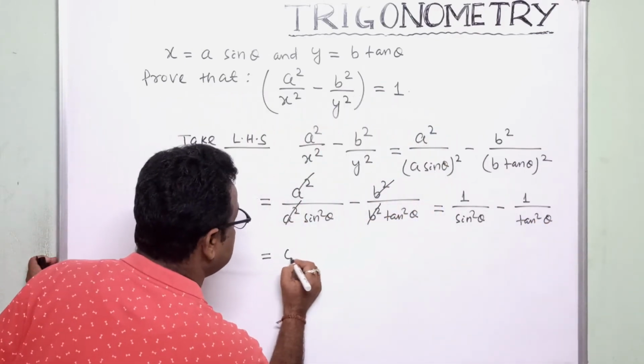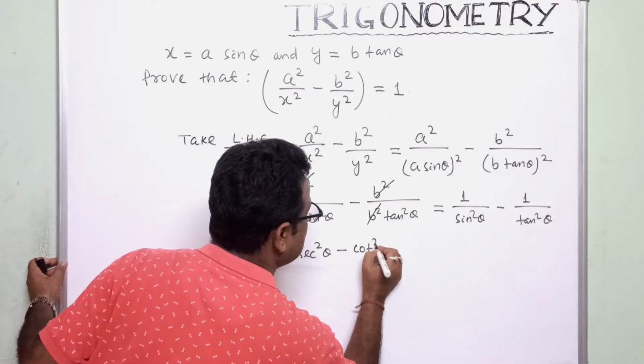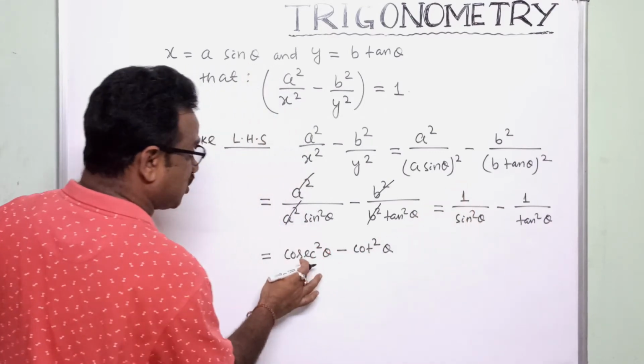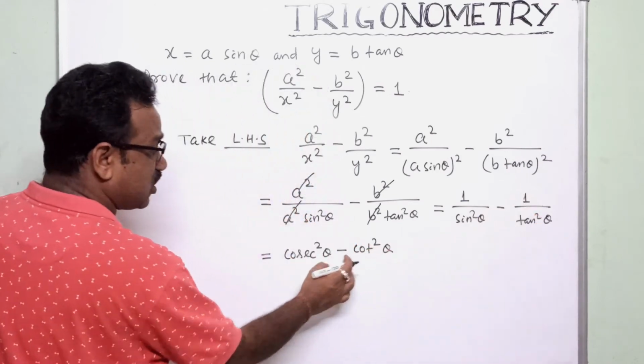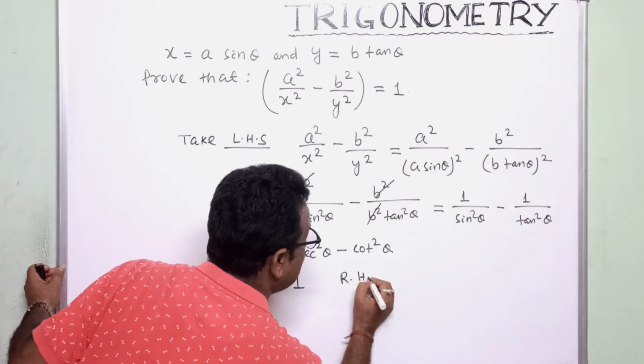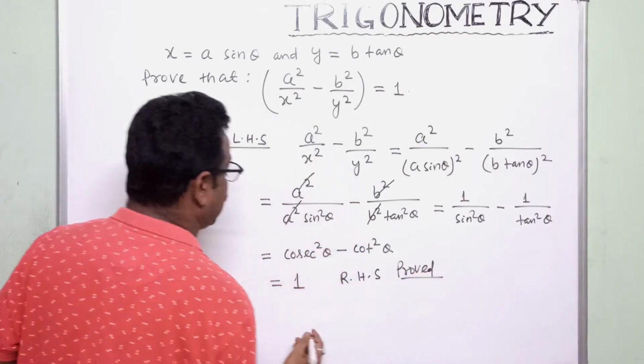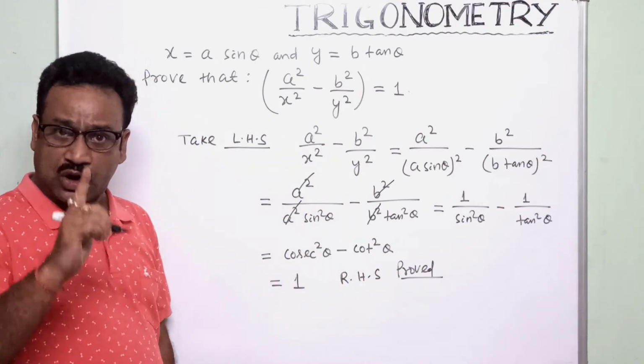That is equal to cosec square theta minus cot square theta, because 1 by sin square theta is cosec square theta, 1 by tan square theta is cot square theta. That is equal to 1. So LHS equals RHS, proved. Using the identity we know cosec square theta minus cot square theta is equal to 1.